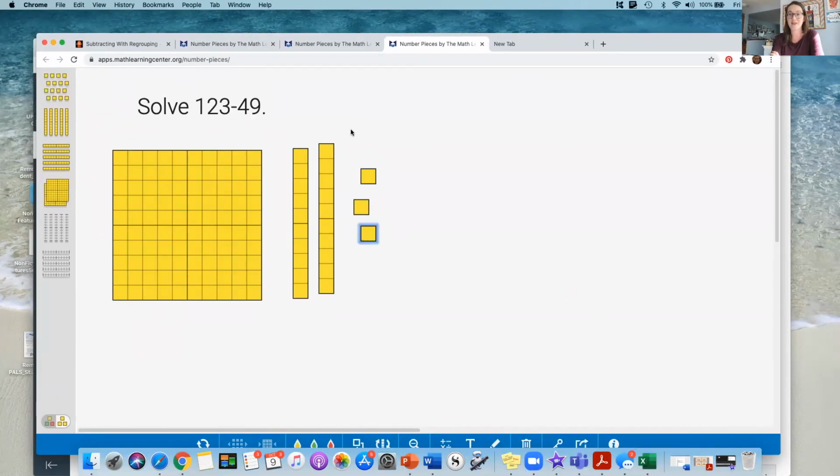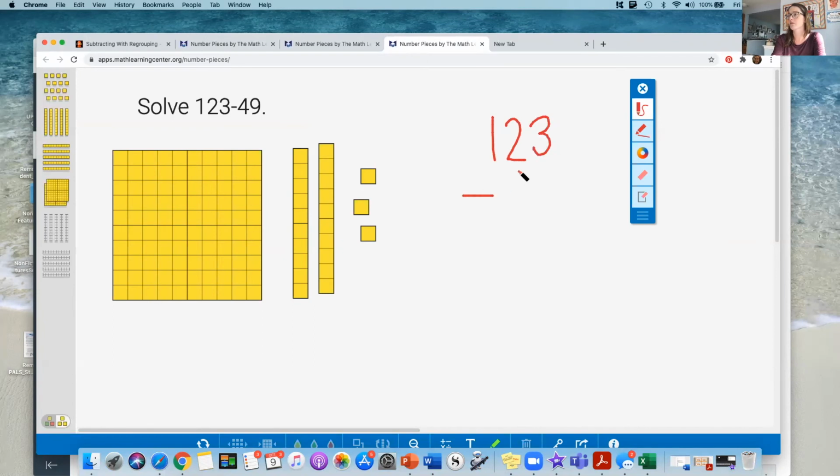All right, let's do another example. Now I have 123 minus 49. Okay, I have 3 ones. I need to subtract 9. I don't have enough ones.